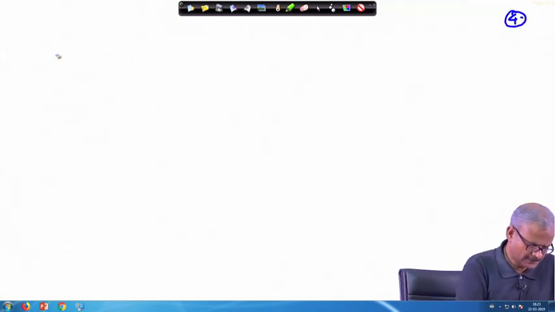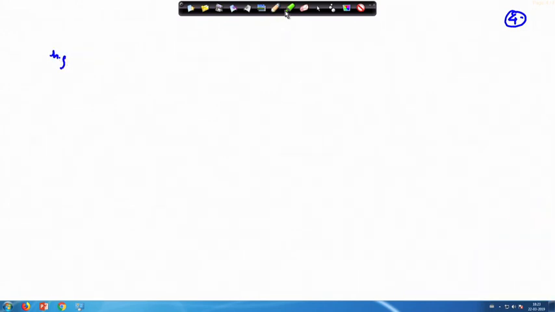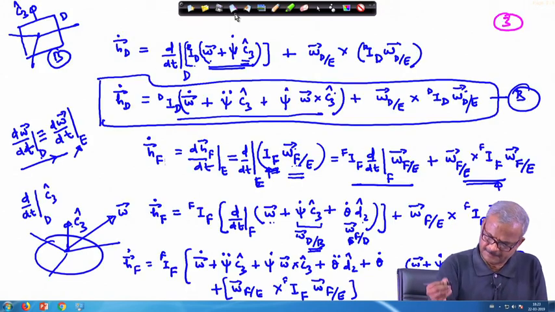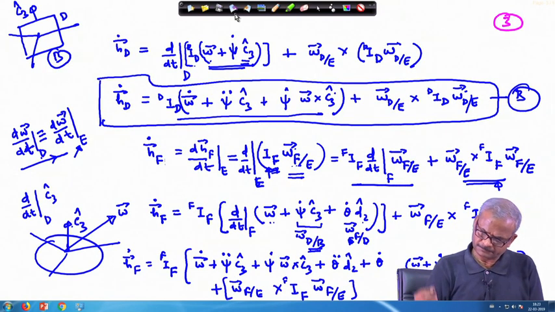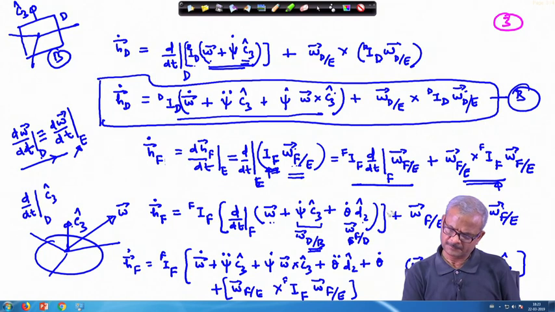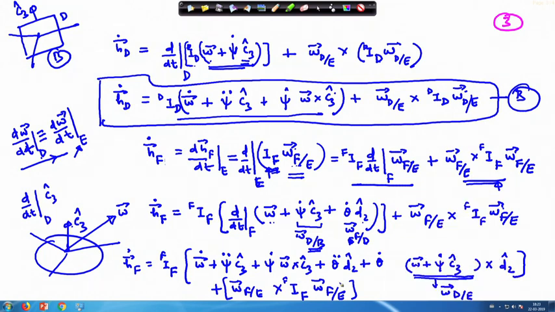Okay, so, we can wind up here, we can write as H f slash c, H dot f slash c, this we have written as H dot f, this part and then the other part. Okay.